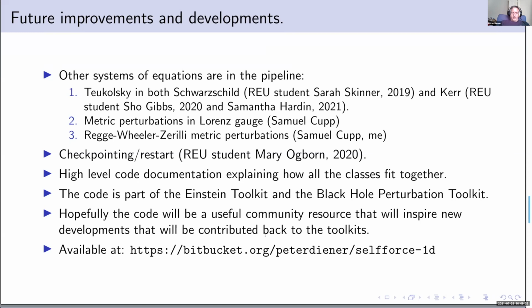My hope is that the code will be a useful community resource that will inspire people to add things that can then be contributed back to both toolkits. The code is available on Bitbucket. This is the URL, and everybody can go in and check it out.